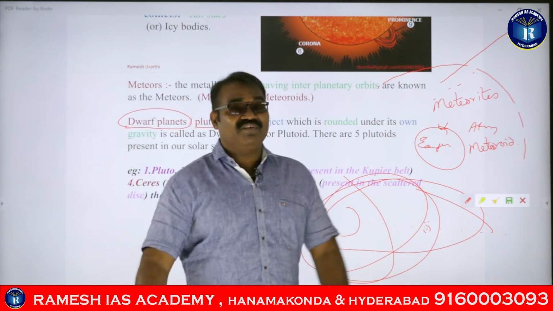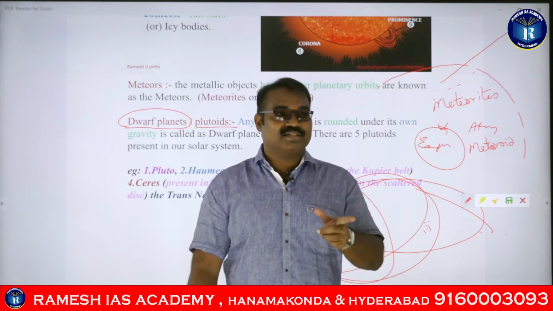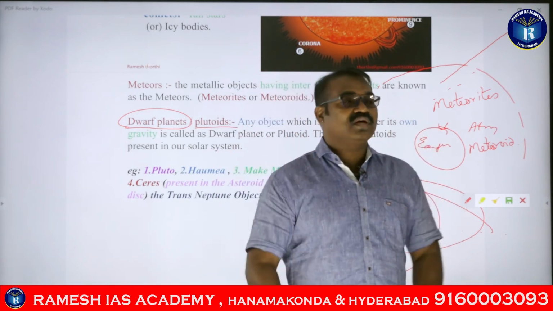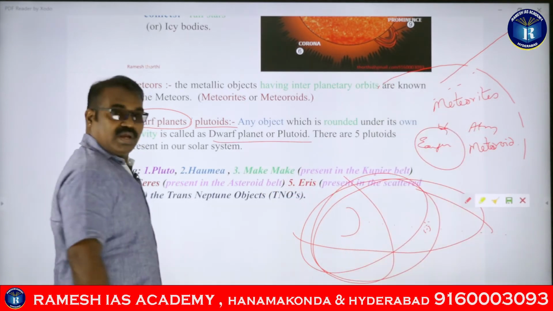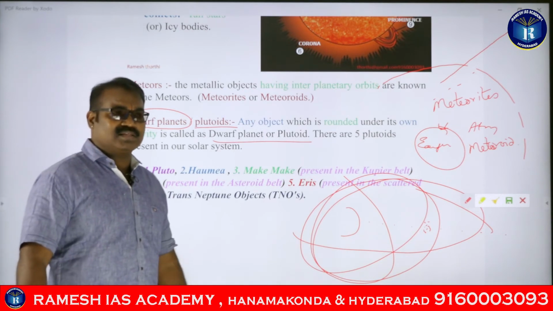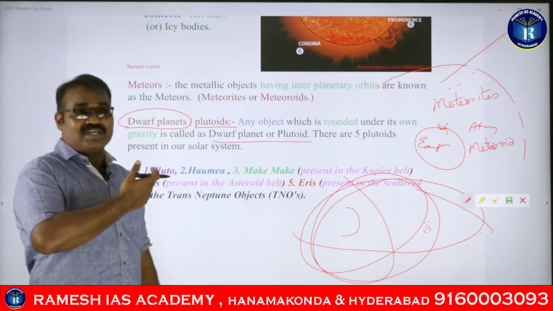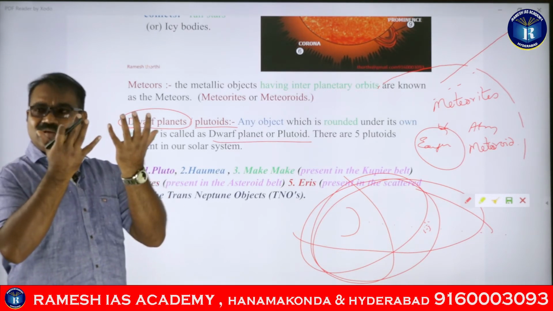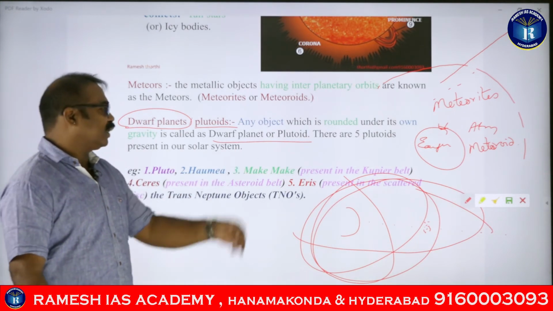Any object within the solar system, other than the planets, that gets rounded under its own gravity will be called a dwarf planet, or Plutoid. It can be anything, guys, other than a planet, because lots of metallic and rocky objects are present within the solar system. So if one gets circular, rounded, it will be called a dwarf planet or Plutoid.